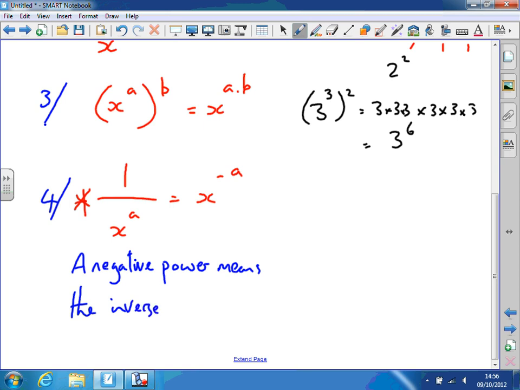Inverse, 1 over, if you like, 1 over something. So if I've got x to the minus a, it means 1 over x to the a, the inverse of it.